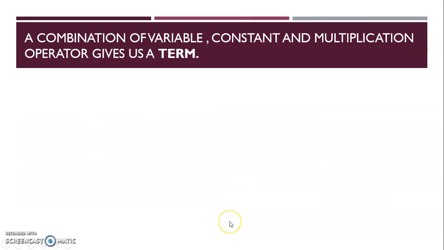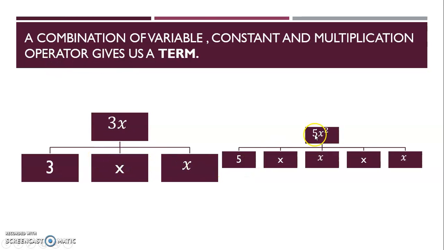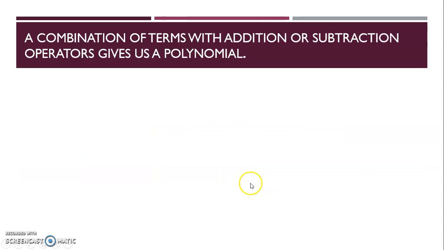So how do we get a term? We get a term with the help of a constant, a variable, and a multiplication operator. So if you look at 5x square, that is 5 into x into x. Okay, so these are called terms.